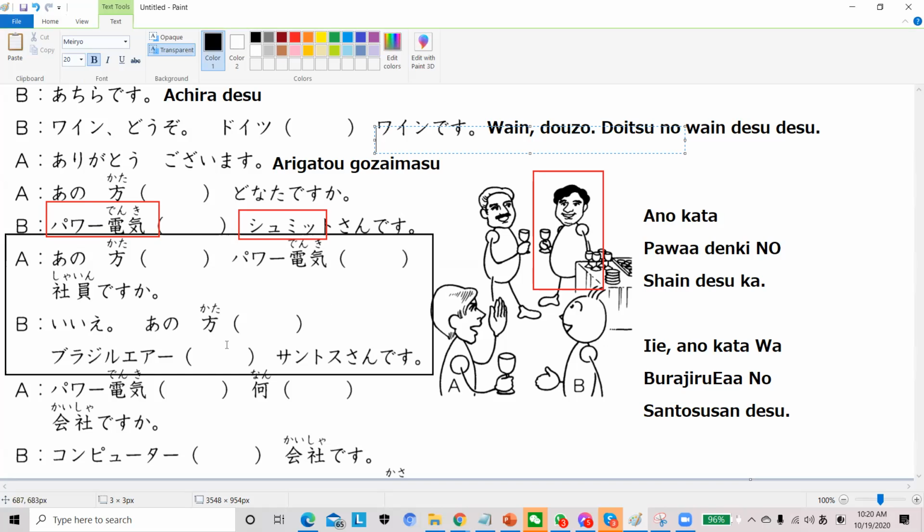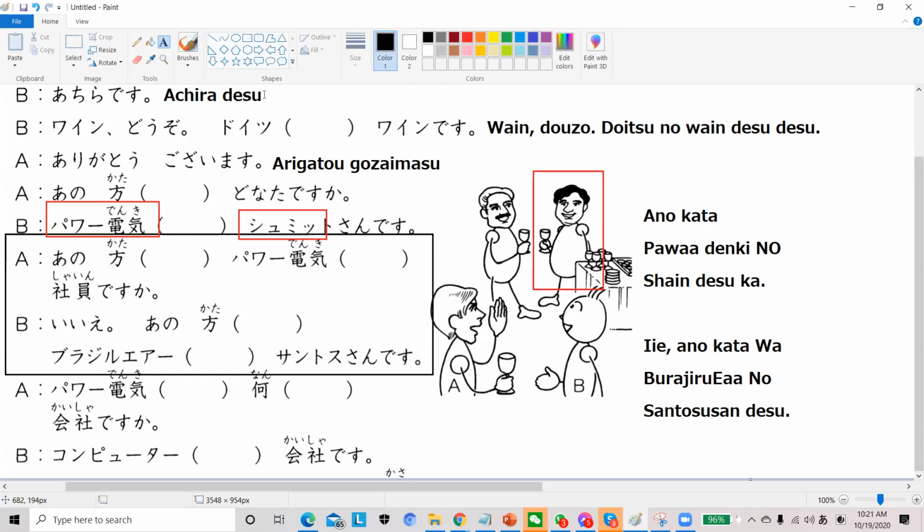Then the other person assumed, is Santosu-san also an employee of Pawa Denki? Let's have Kyrene. What particle are we going to use? How about "also"?